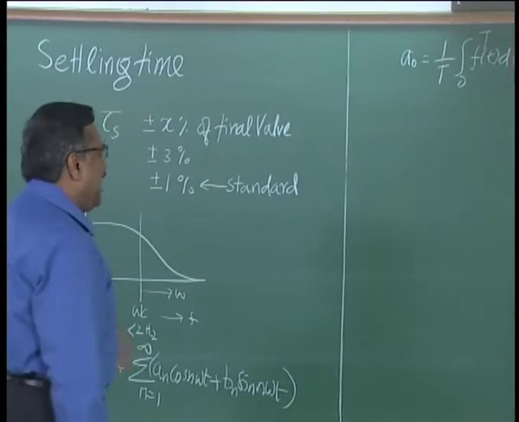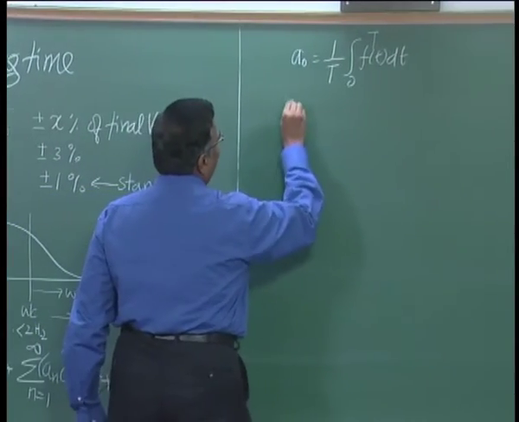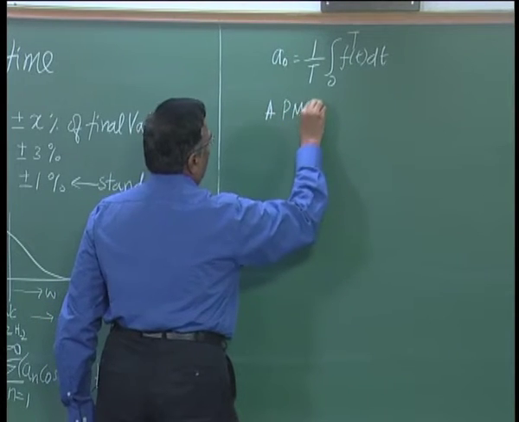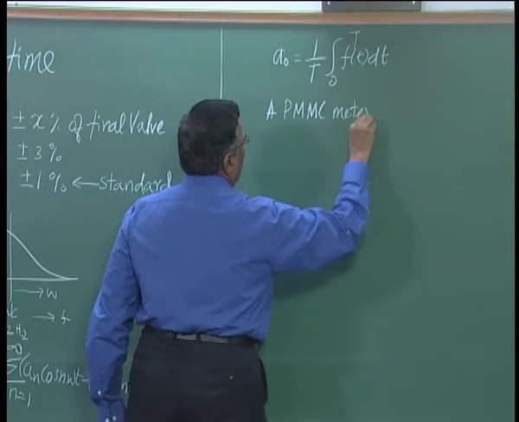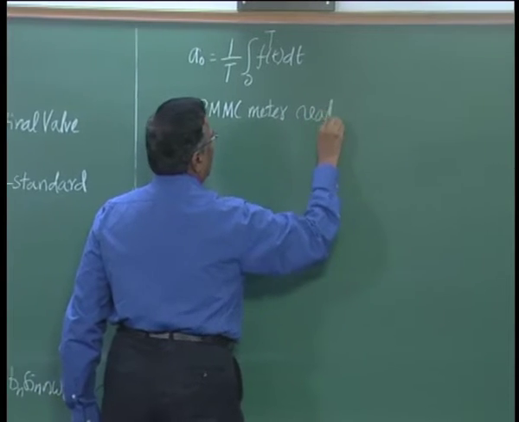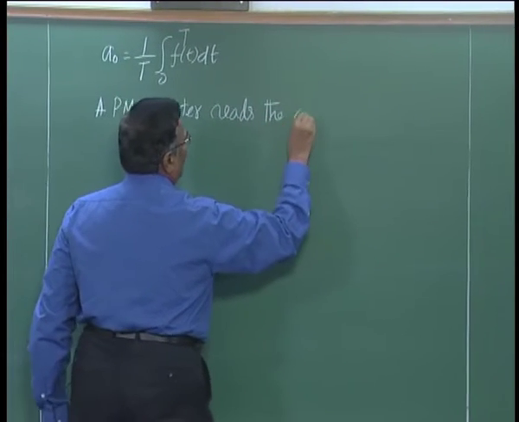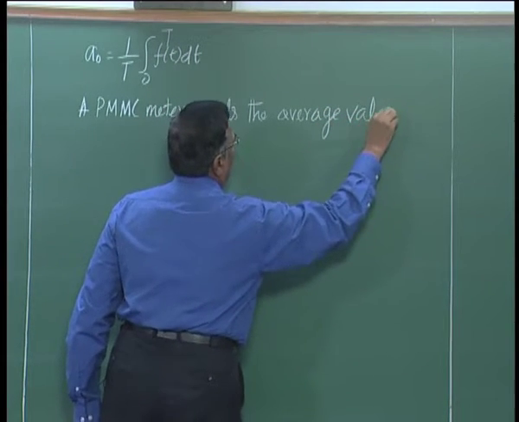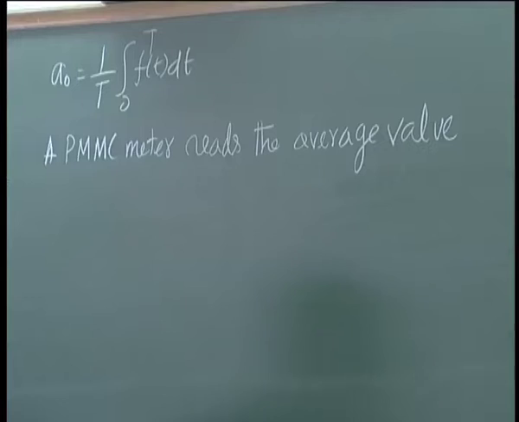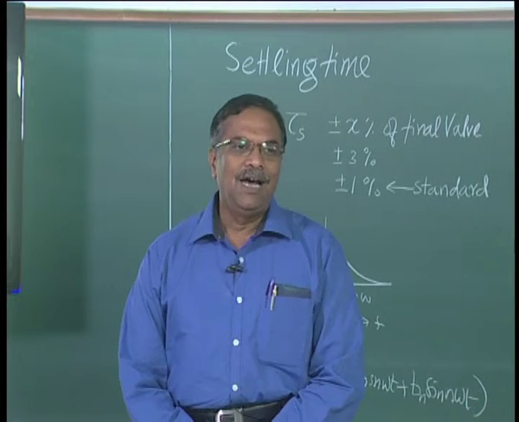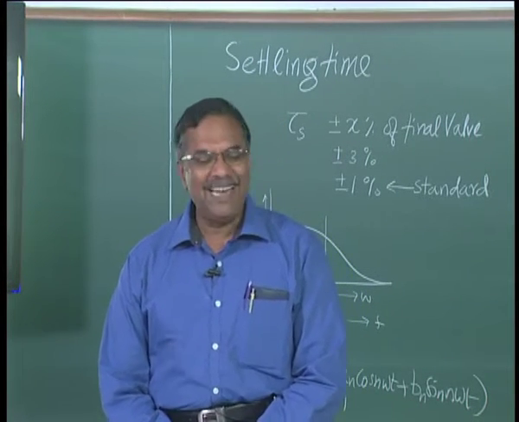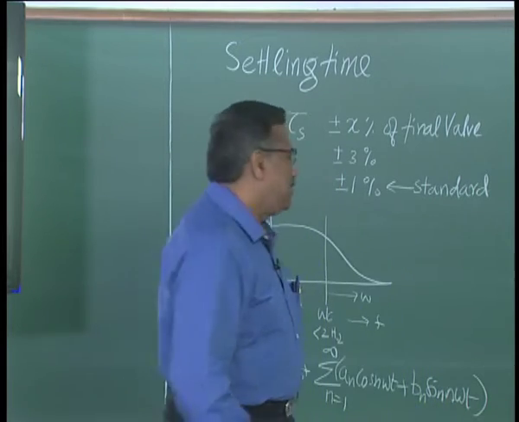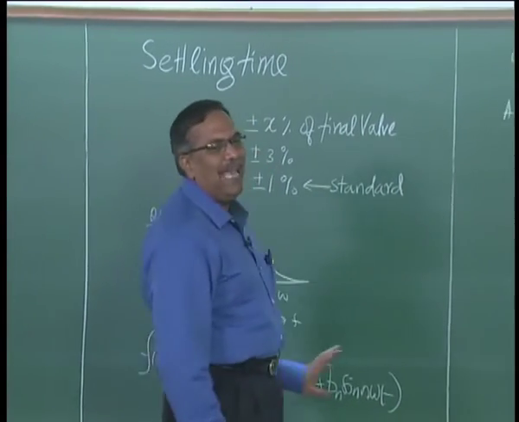So indirectly now I can say a PMMC meter reads the average value, right. The PMMC reads the average value because the mechanical system cannot respond to higher frequencies. It does not actually compute the average, right. It responds to DC and DC happens to be the average of any given function, right.